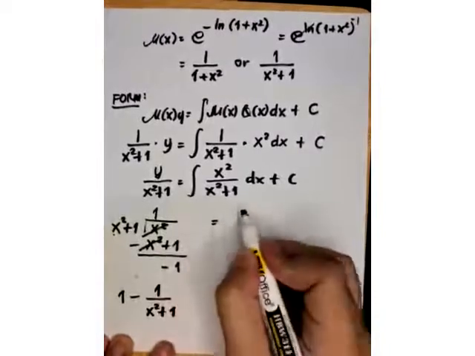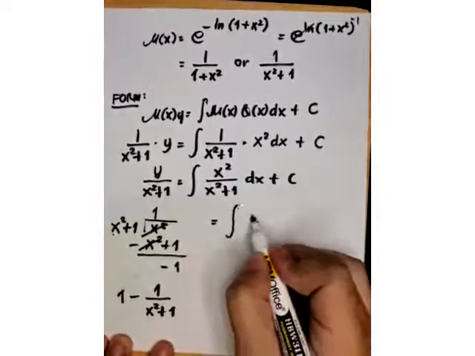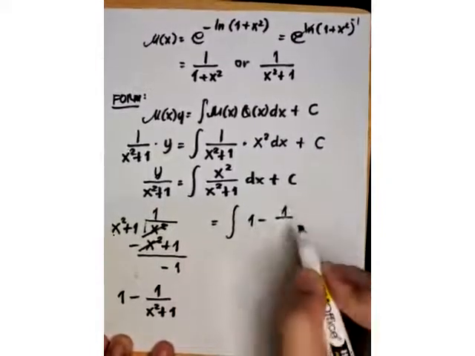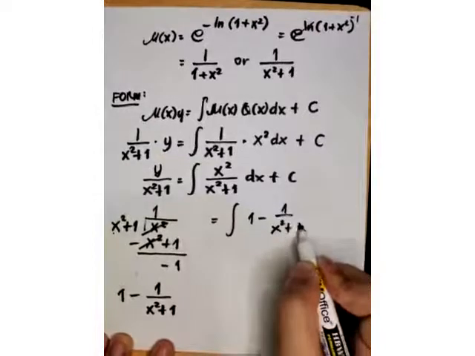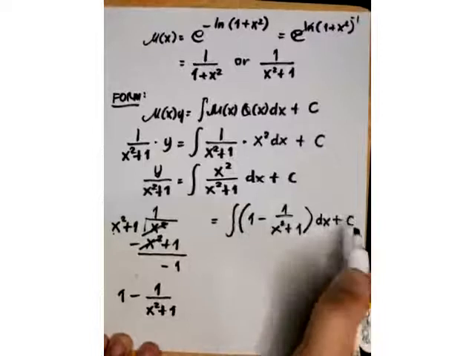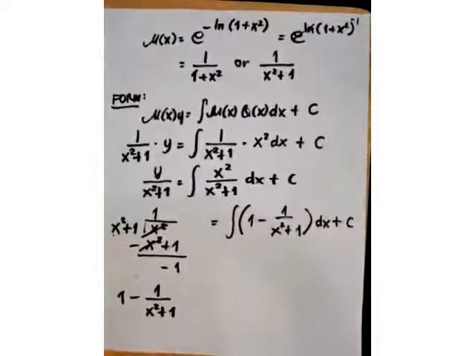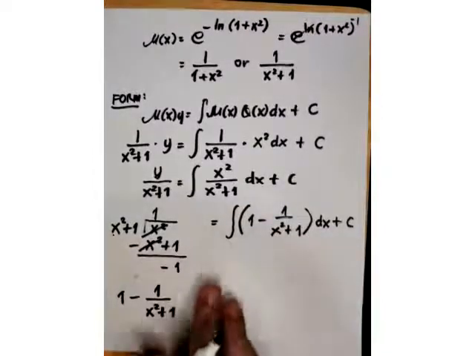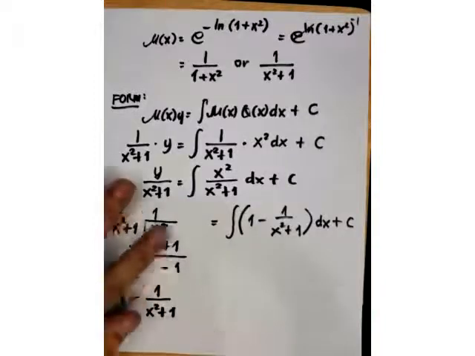So kukunin ko muna siya dito. The integral of 1 minus 1 over x squared plus 1 dx plus c. Okay, so 1 wala tayong problema. How about that one?